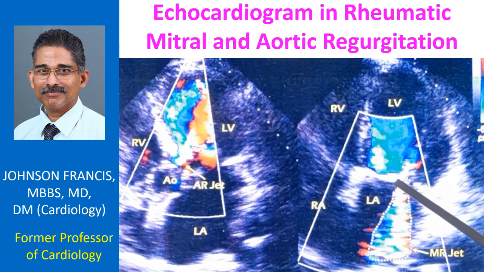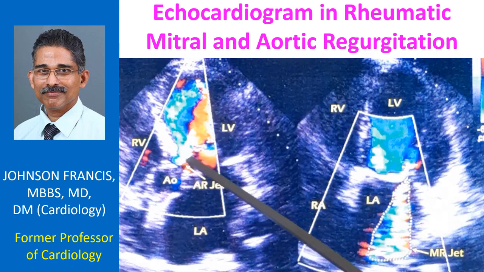Here it is predominantly blue because it is directed away from the transducer. This blue flow could be the flow going towards the aorta in systole. In systole, aorta is not seen here because this is only a 4-chamber view. This could be the flow towards the aorta.